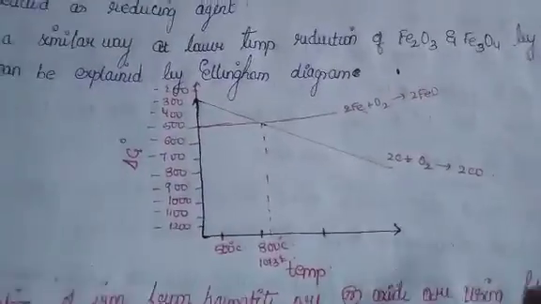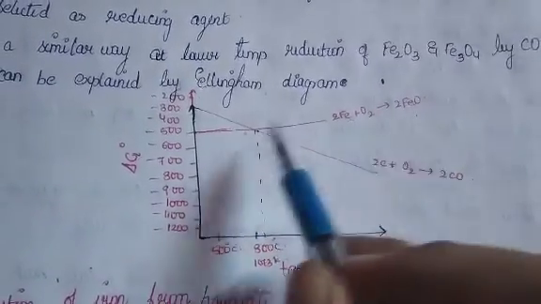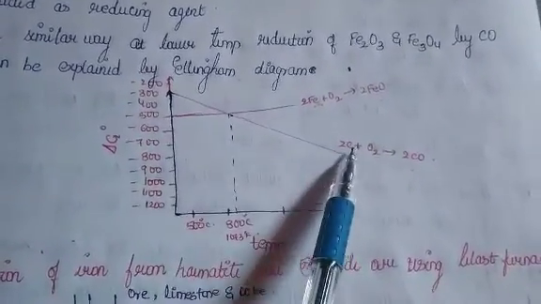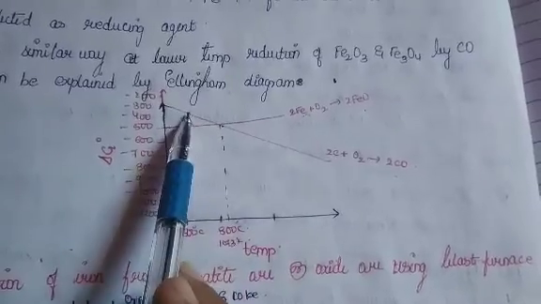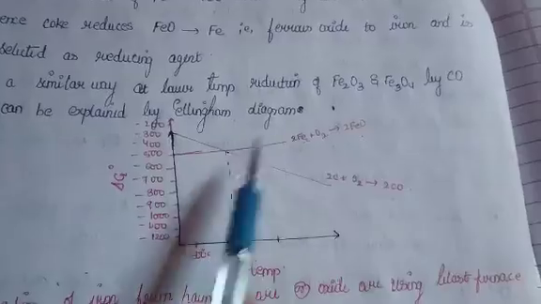Here we can see the curve for iron to iron oxide, and this is the curve for carbon to carbon monoxide. We can note this from the fourth point of the Ellingham diagram. What does it say?